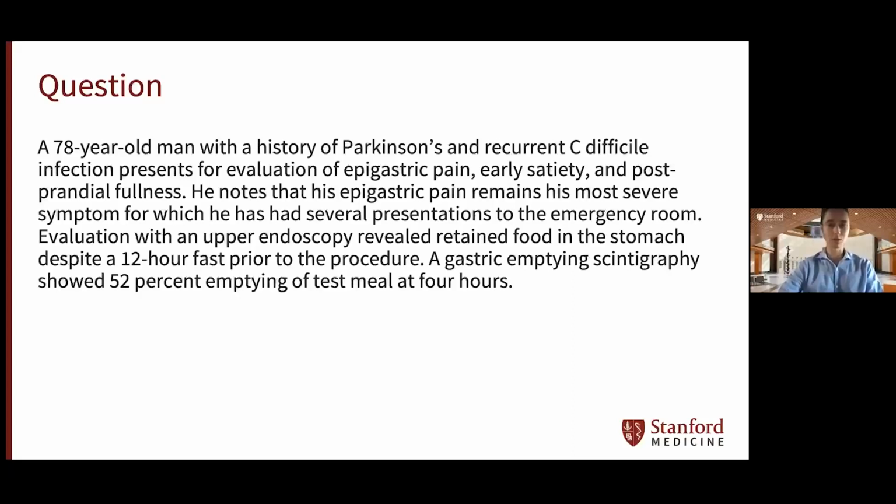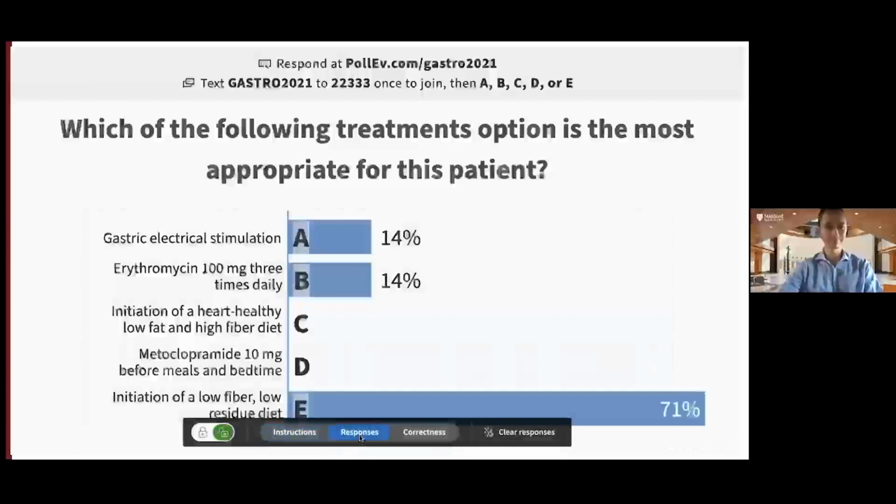So let's look at the responses. Excellent. So we have a few respondents opting for gastric electric stimulation, some for erythromycin, and the majority opting for initiation of a low fiber, low residue diet.